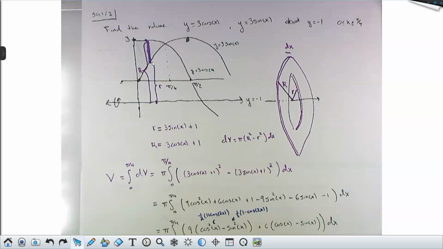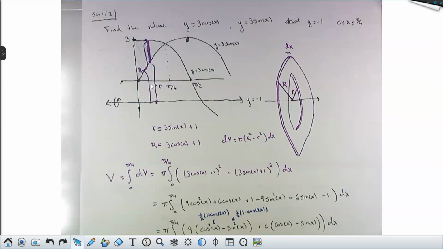So you don't need to worry about the width much, but you do need to worry about these distances. The near end of the strip to the axis of rotation, that's little r. So first we label it in the picture. And big R is the distance from the far end of the strip up here down to the axis of rotation. So this is big R.